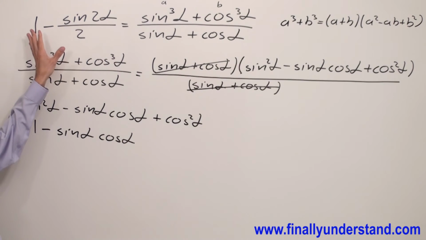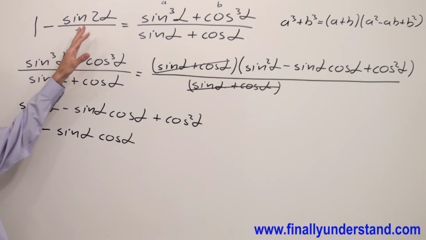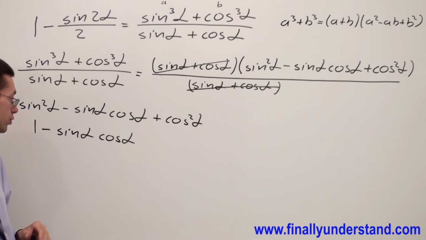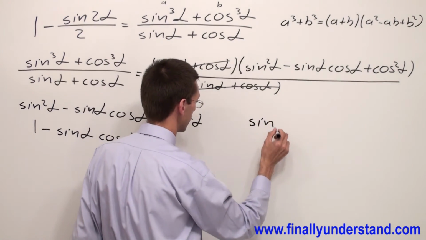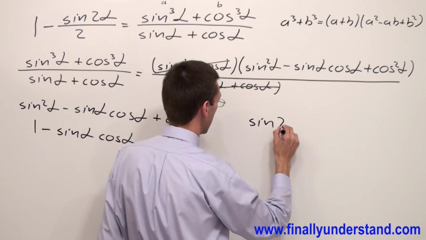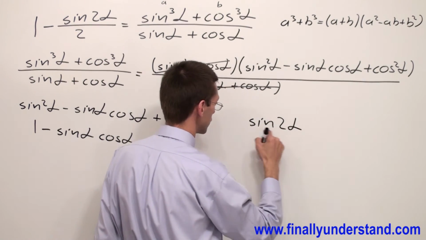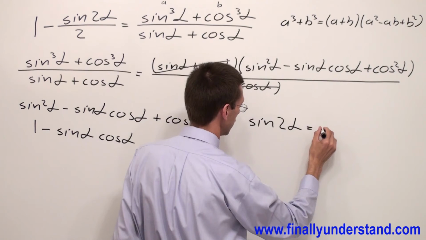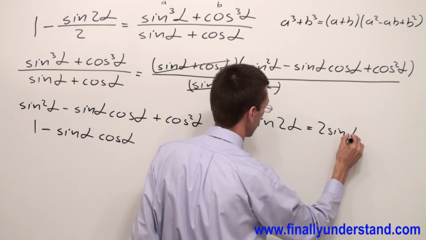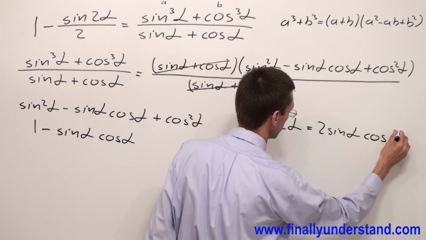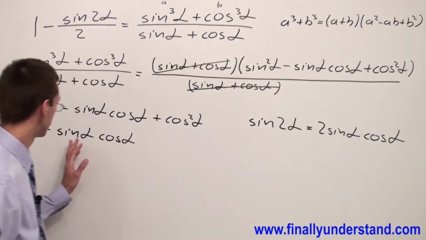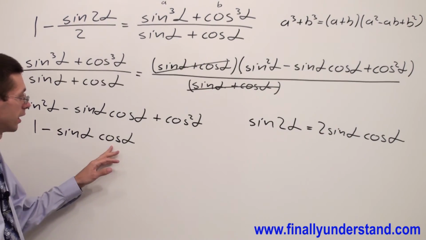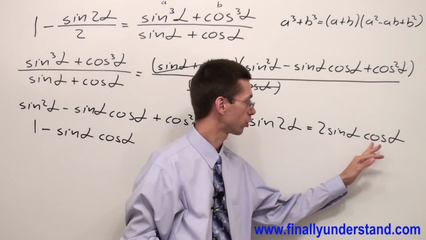On the left side we have sine 2 alpha over 2. So what are we supposed to do next? We're supposed to remember the formula for the sine of twice an angle. Sine 2 alpha is equal to 2 sine alpha cosine alpha.